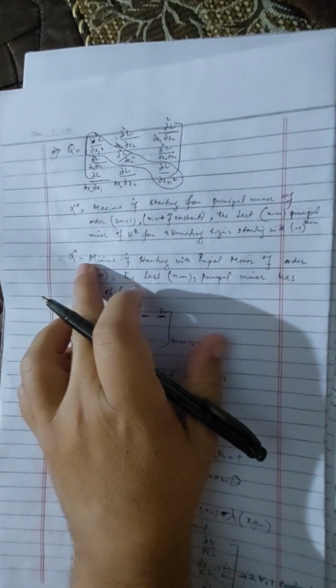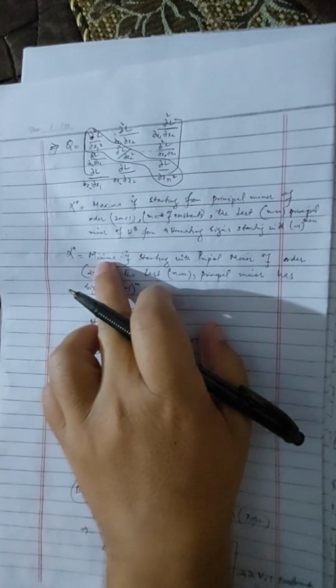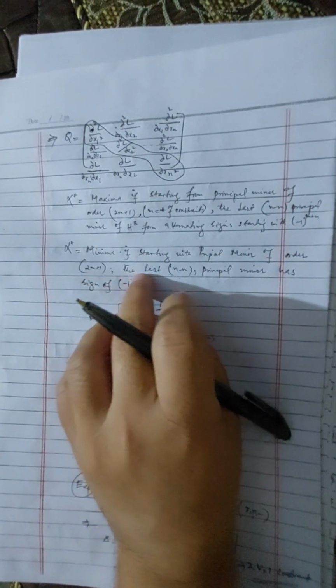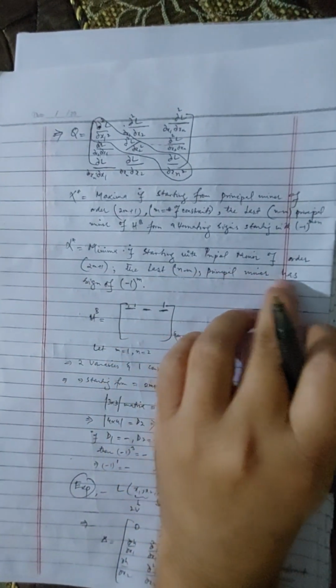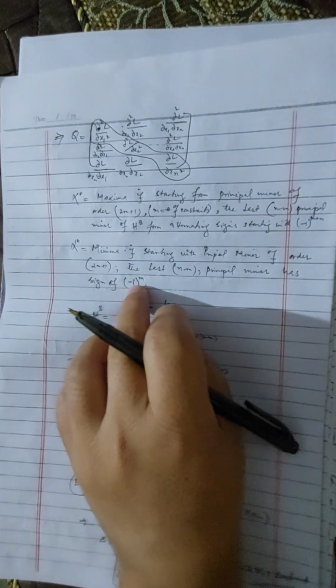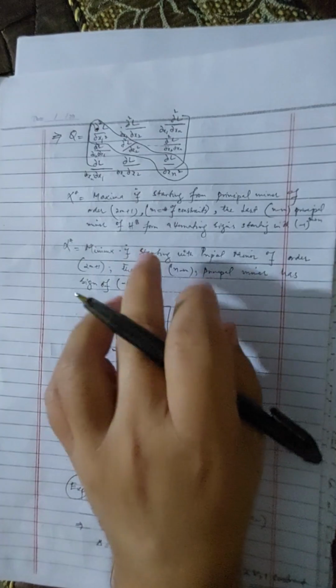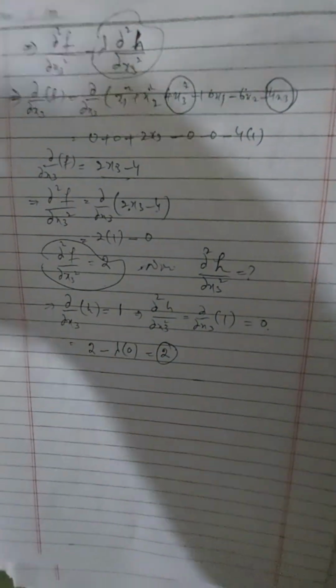And it is minima if, starting with principal minor of order 2m plus 1, the last n minus m principal minors have sign of minus 1 raised to power m. So let us do this and see.